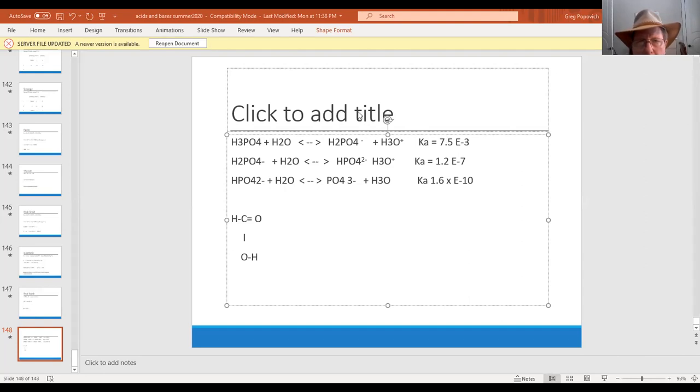Organic acids have covalent bonds of H with something, and ionic. In this particular case, whenever you see a carbon linked with a hydrogen, that is a covalent bond. So this hydrogen cannot be taken away from the carbon.